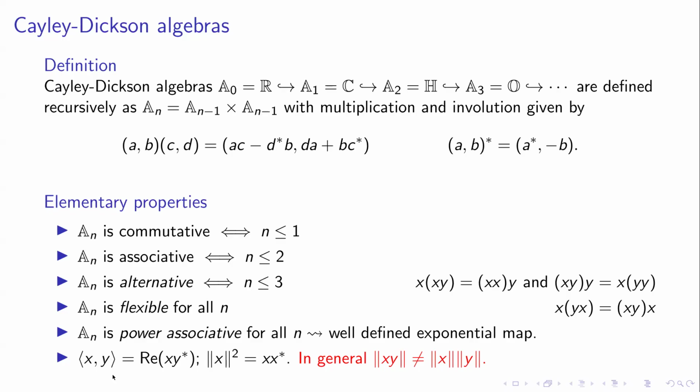The other thing that I believe is well known is that the algebraic structure of the Cayley-Dickson algebra is related to the geometry of the Euclidean space, because the inner product is given in this way. We have this property to compute the norms: we multiply an element by its conjugate. But in general, we do not have the property that the norm of a product is the product of the norms.